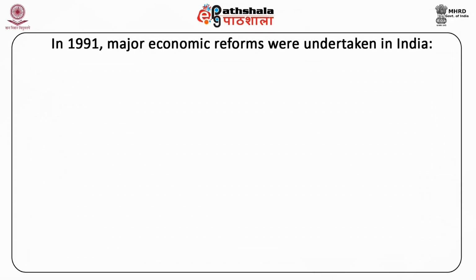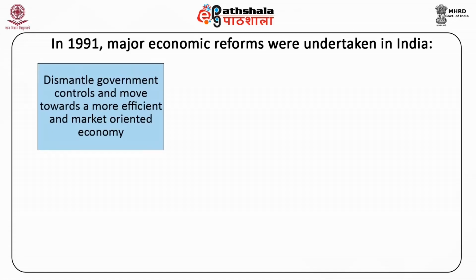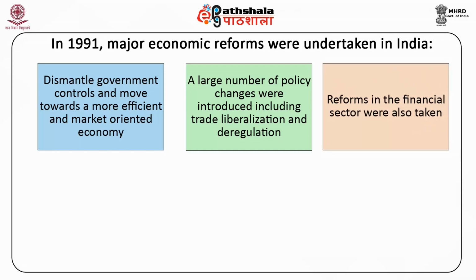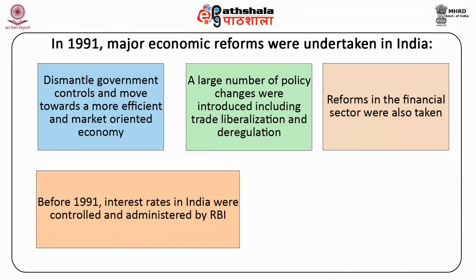In 1991, major economic reforms were undertaken in India to dismantle government controls and move towards a more efficient and market-oriented economy. A large number of policy changes were introduced, including trade liberalization and deregulation. In addition, certain reforms in the financial sector were also taken. Before 1991, interest rates in India were controlled and administered by the RBI.